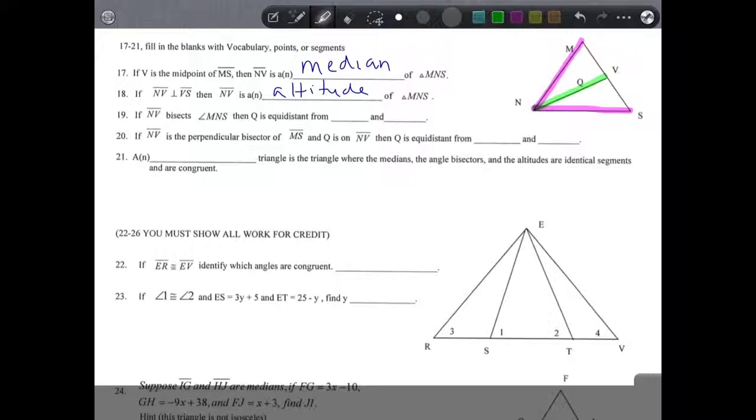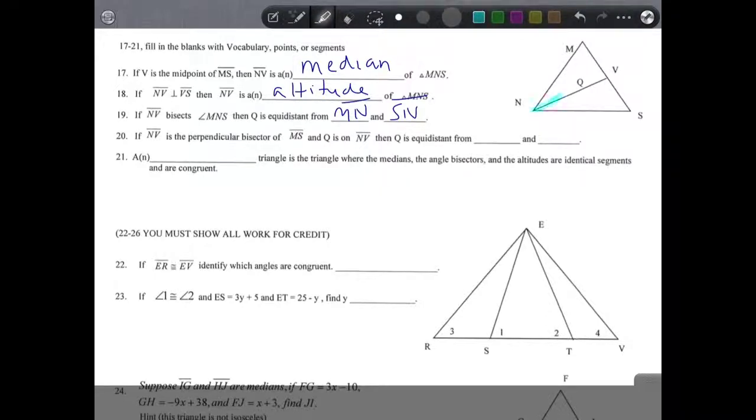It says then Q, a point right there, is going to be equidistant from which two things? Well, it's got to be segment MN and segment SN. If NV is the perpendicular bisector of MS and Q is on NV, then Q is equidistant from what two things? So I'm going to highlight the parts that we're talking about.